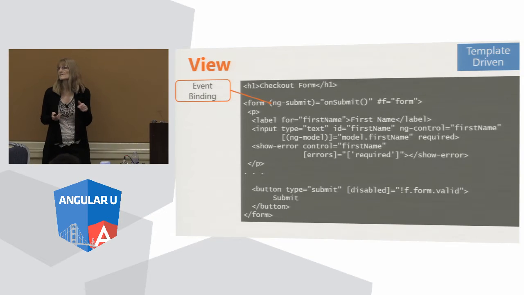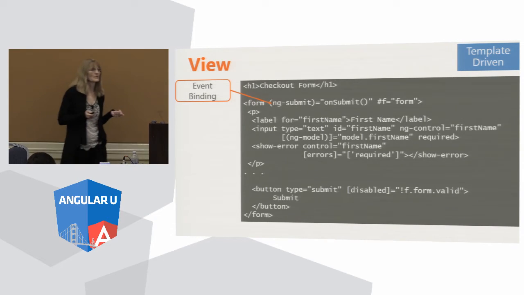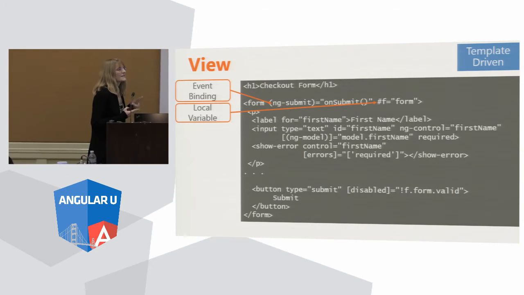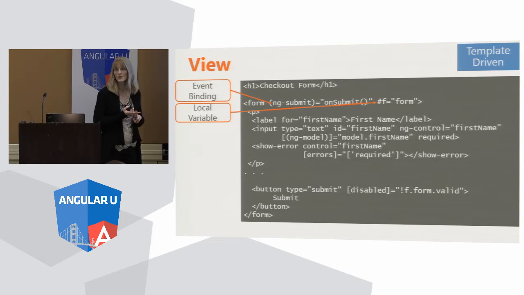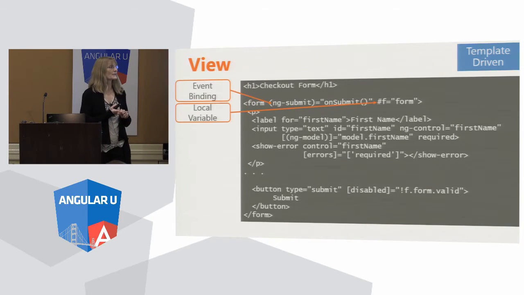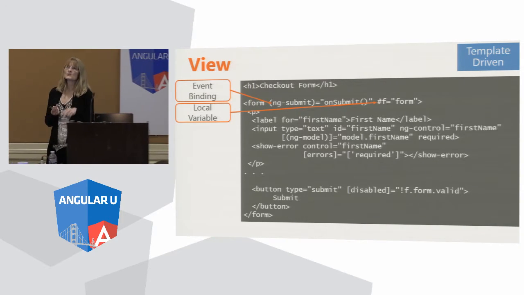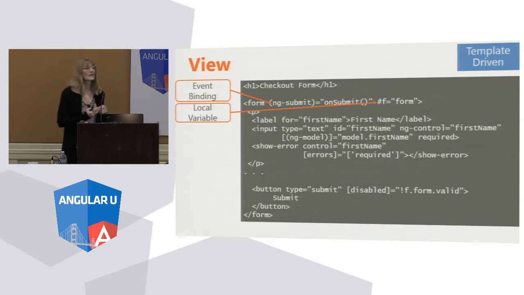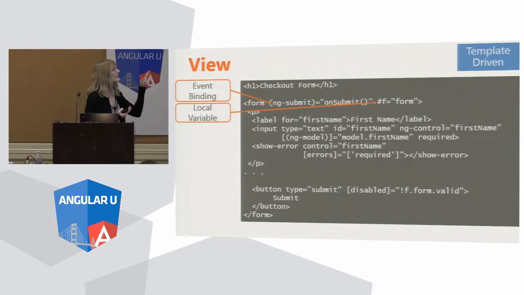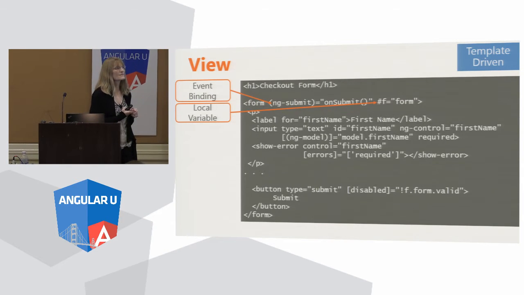So that's not that different than what we're doing now. The hash symbol in Angular 2 is referring to a local variable. So in 1.x, we would have something like ng-model equals and have some variable. Instead, now we can just hash it, and then we can also give it a default value.